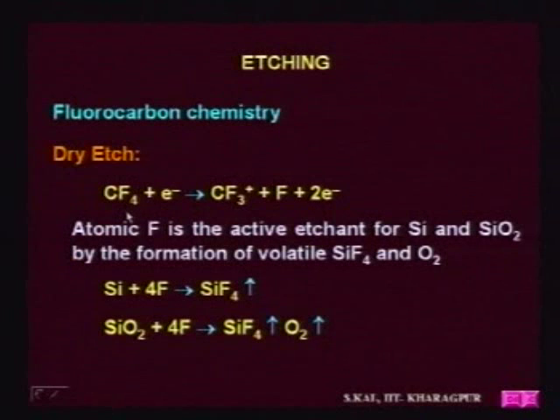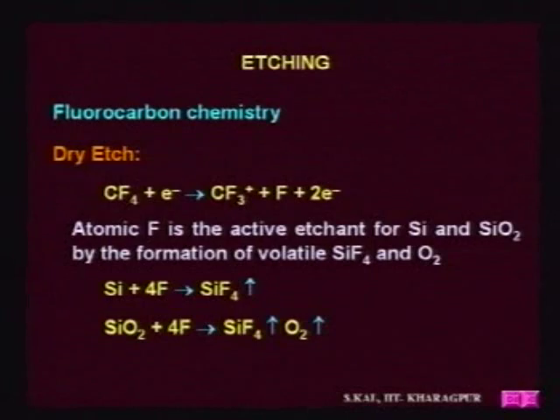or the carbon-containing molecule in this composition, then we can get more fluorine atoms rather than CF3. So using a certain technique, the etching efficiency is improved, and that technique is the introduction of some oxygen into the chamber. Instead of CF4 itself, if we introduce CF4 plus oxygen, the CF4 plus oxygen plasma will improve the dry etch rate.